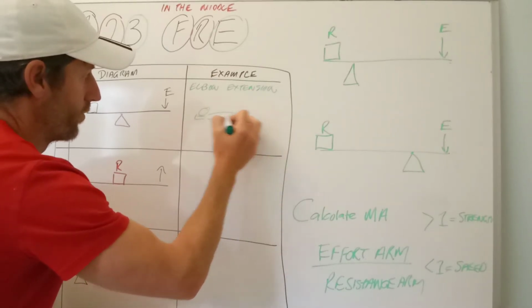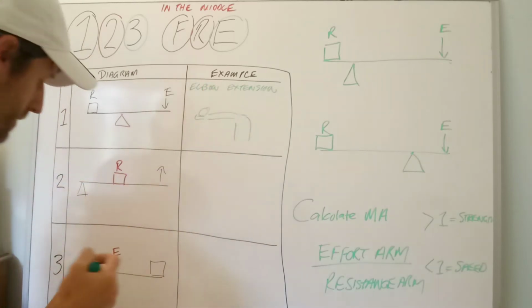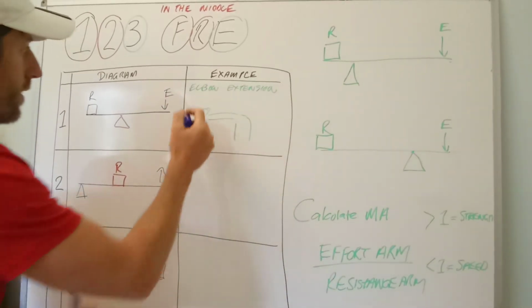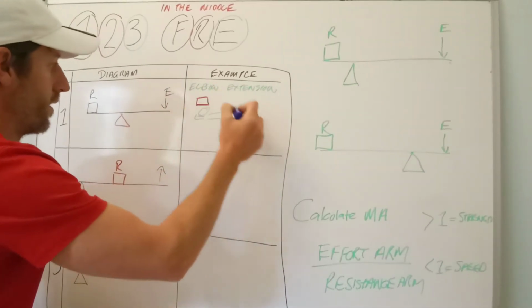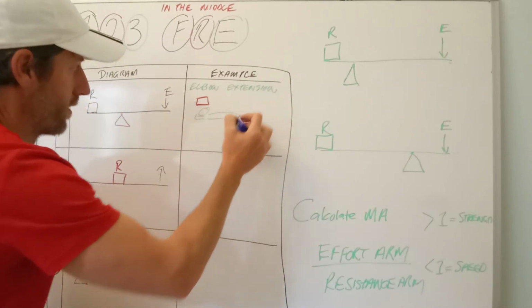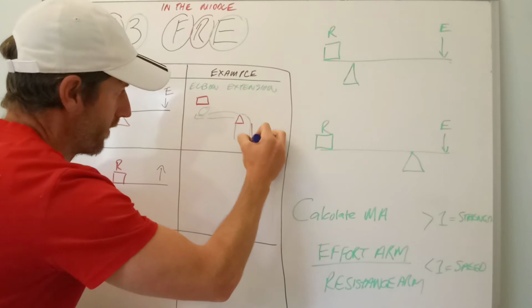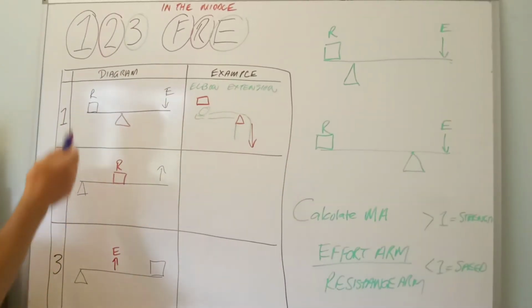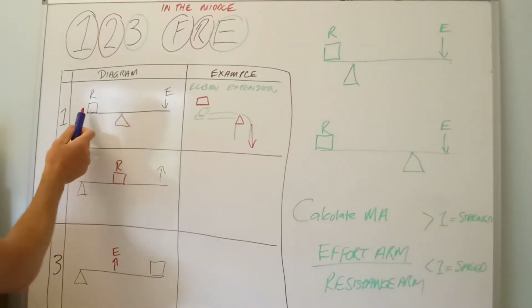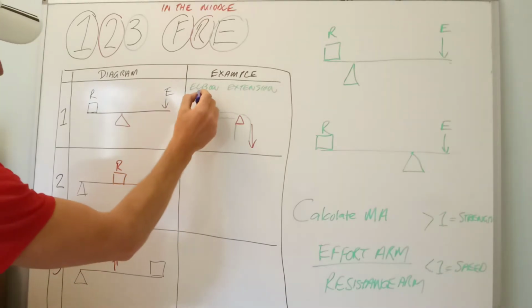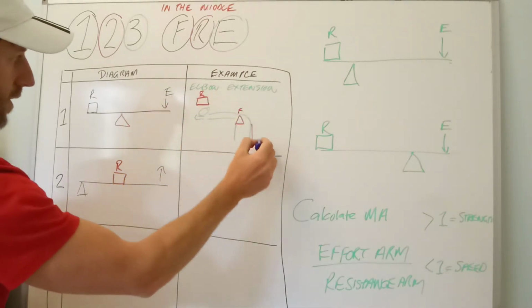The resistance is here, the fulcrum is here, in the middle of the joint, and the effort is here. So it's exactly the same as there: resistance, fulcrum, effort.